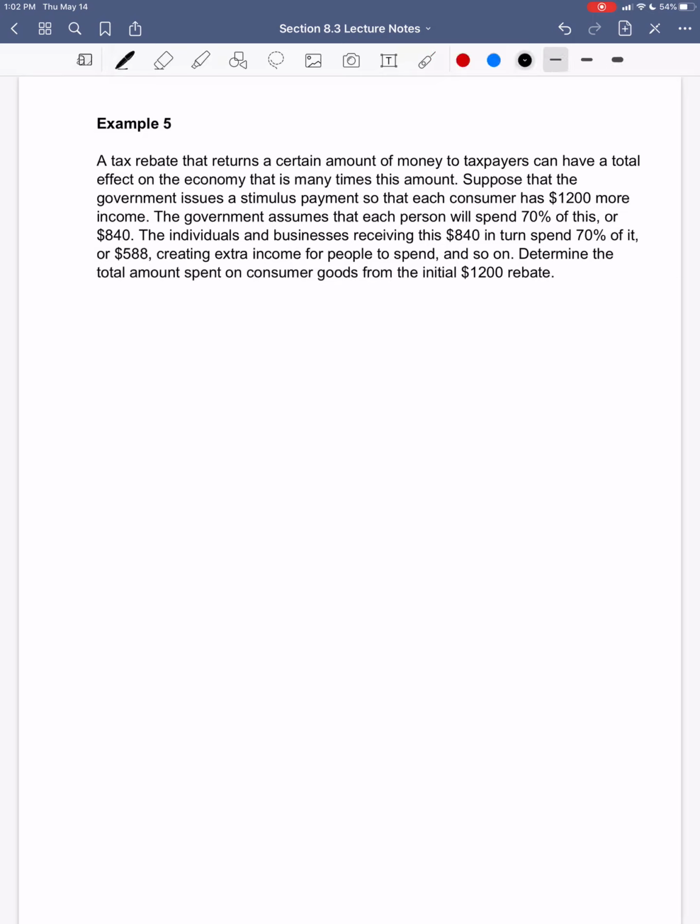Well, to see how this ties into what we've been talking about, essentially the first amount spent was $840. And then the next amount spent was 70% of that. Right, that's this $588. But what's going to happen next is that we're going to spend 70% of that.